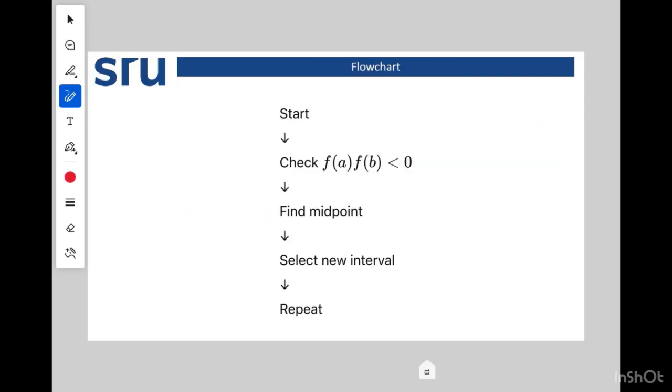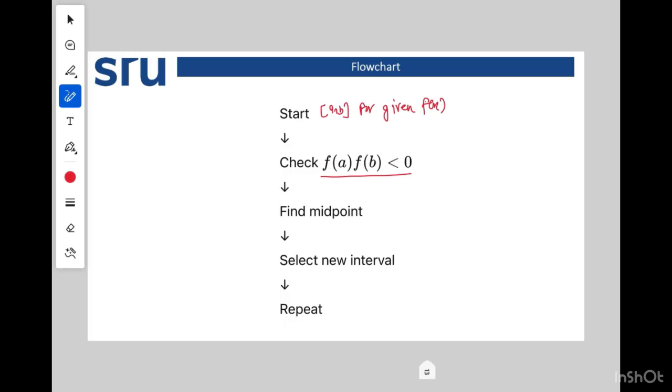So the flow chart is given here. First we have to start and find the interval AB for the given f(x). Now if we have the interval AB, we have to check whether f(a) into f(b) is less than 0 or not.